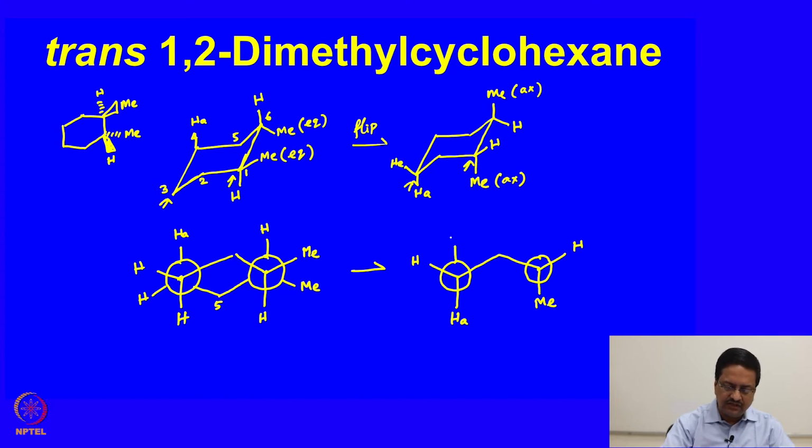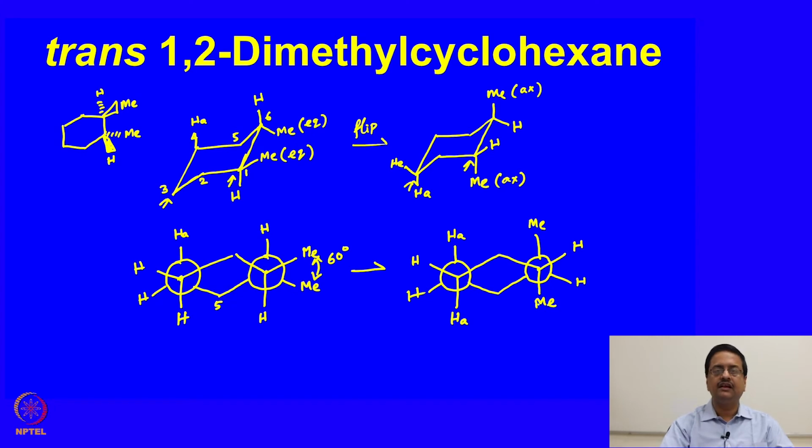Then the next hydrogen here is axial, this is equatorial, and then you join these two bonds, and then look at the back carbon, which has methyl there and hydrogen here. So what we see now is, in this conformation, again the two methyl groups are at 60 degrees, which is equivalent to that N-butane gauche interaction, while the two methyl groups are anti here, but they are now in diaxial orientation.